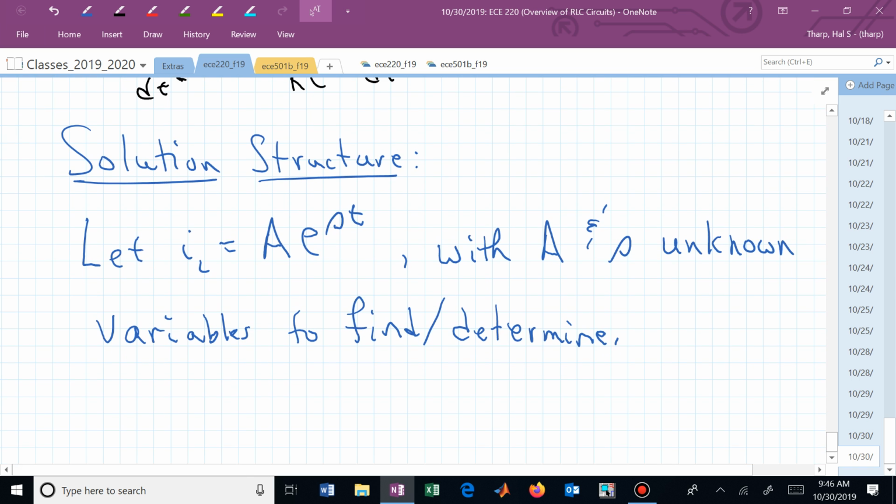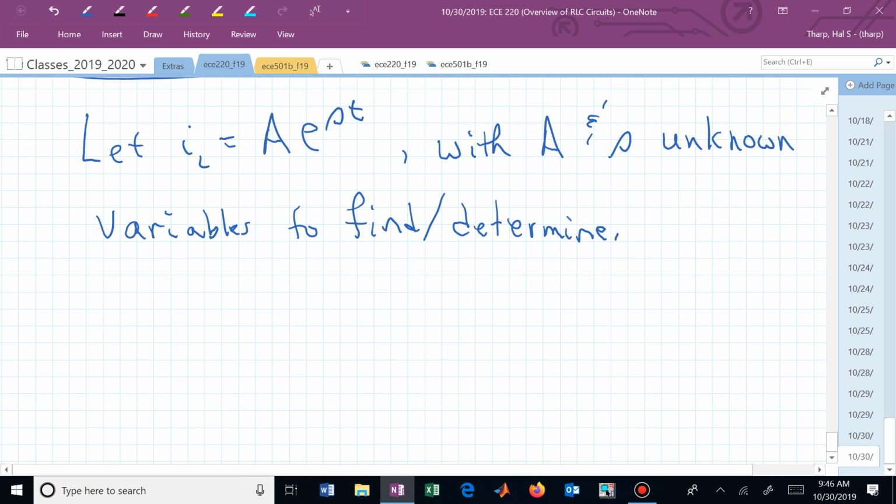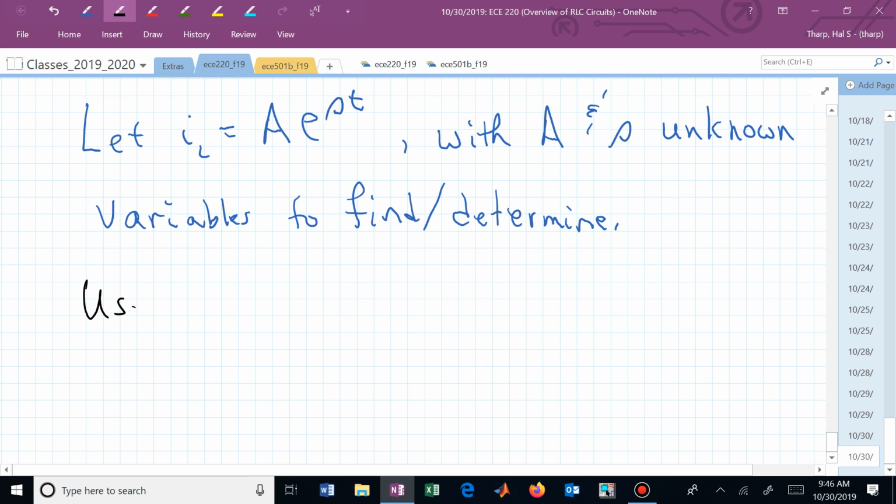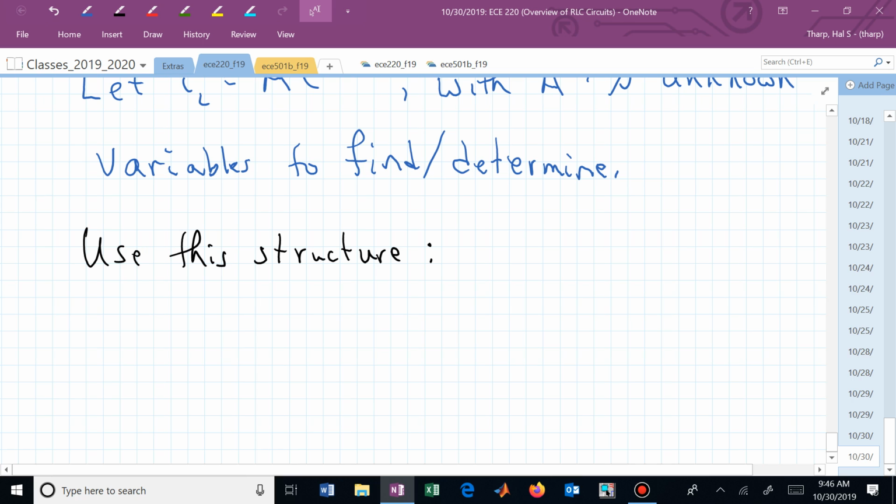So if we use that structure in this second order differential equation, let's just find some of these expressions. We have I sub L is A e to the st. What's the first derivative of I sub L?